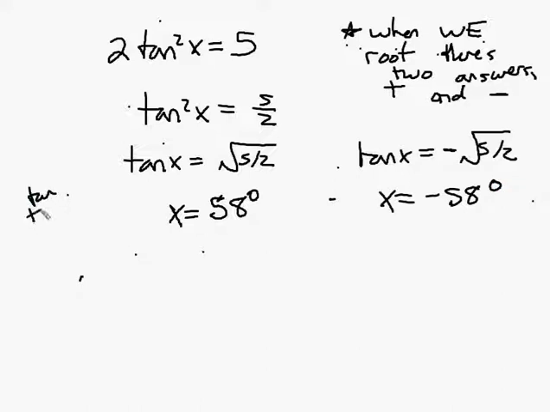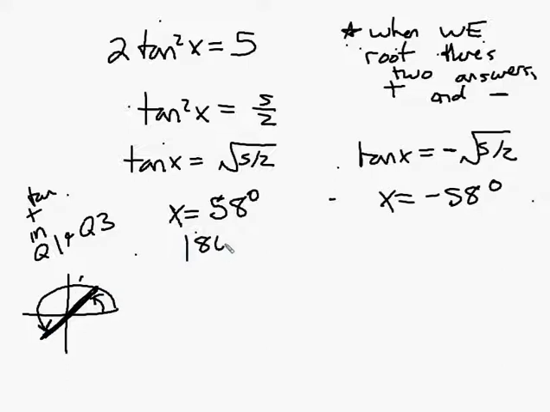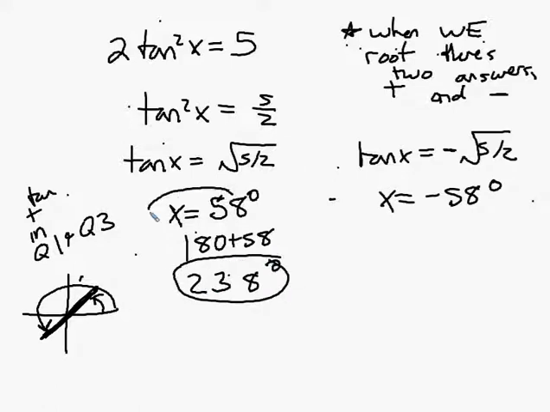Tangent is positive in quadrants 1 and quadrant 3. So 58 is my reference angle. So if I look at quadrants 1 and 3, I have this situation. So I want this angle and this angle. So to get the other one, I'm going to do 180 plus 58, and get 238 degrees. So here's 2 of my answers.